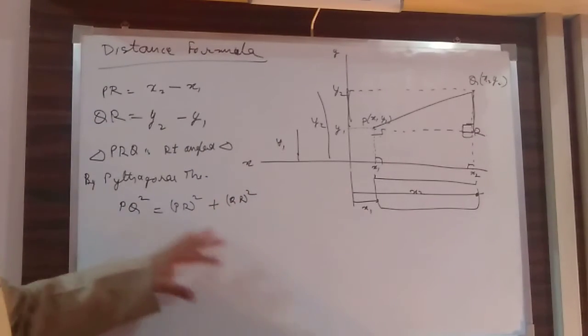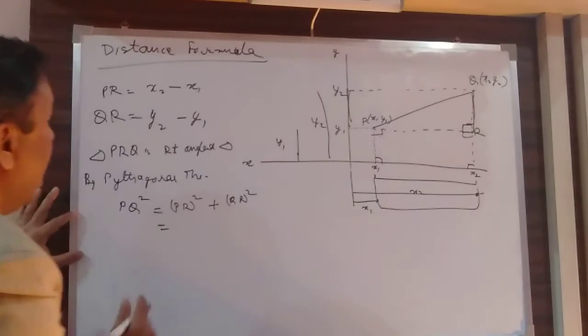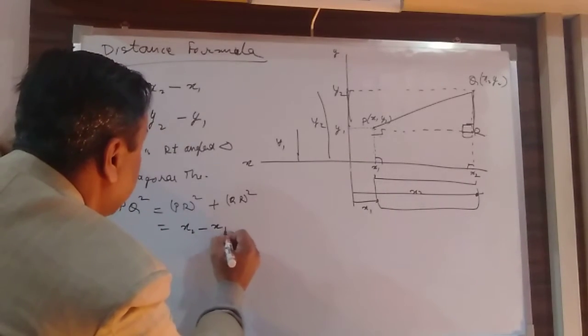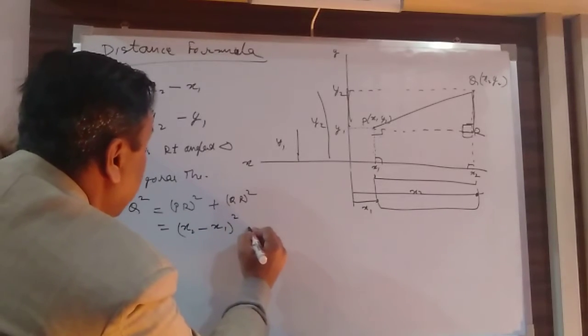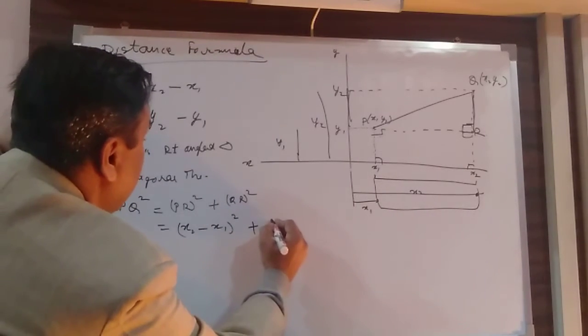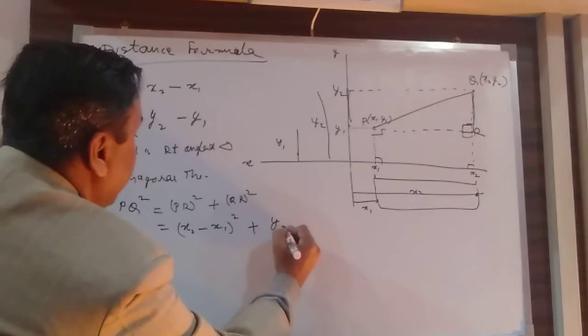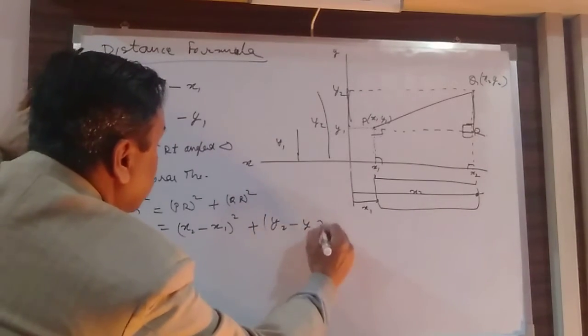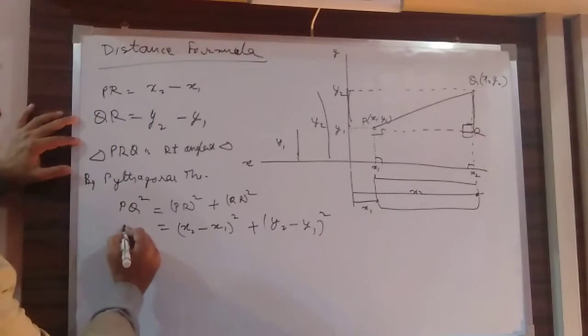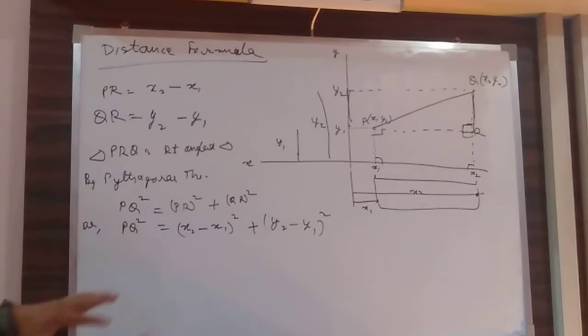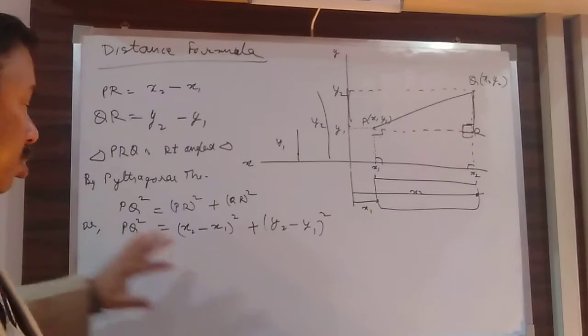Okay. So what is this? PR is x2 minus x1 square plus, what is QR? As I have told, y2 minus y1, so square. This is equal to PQ square. Right? So what will PQ be now?